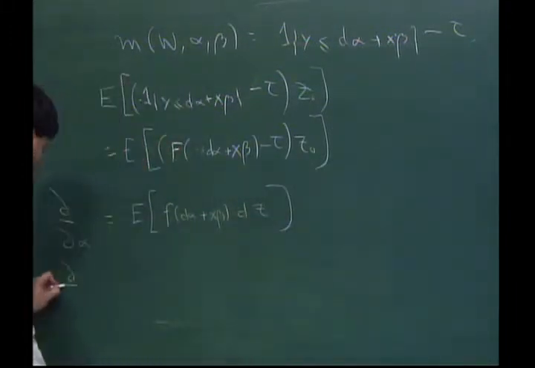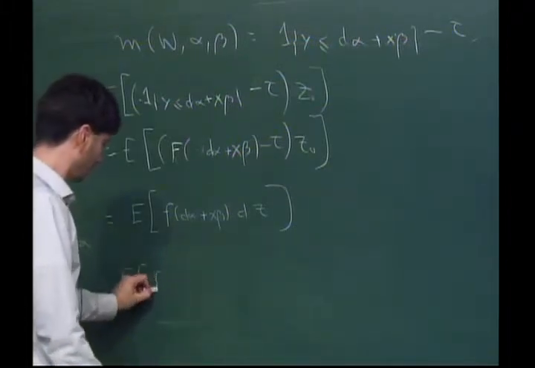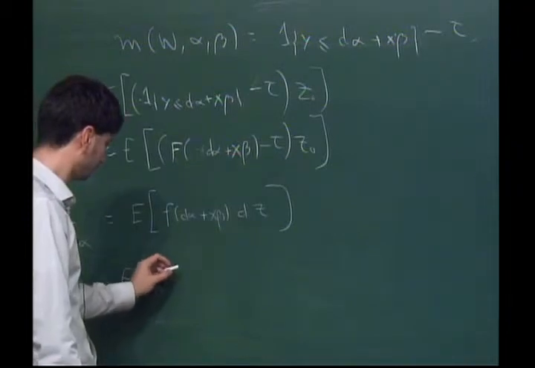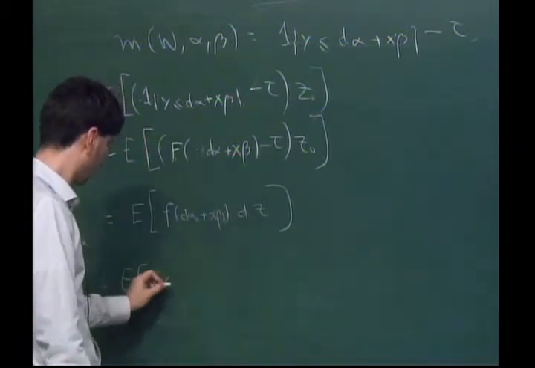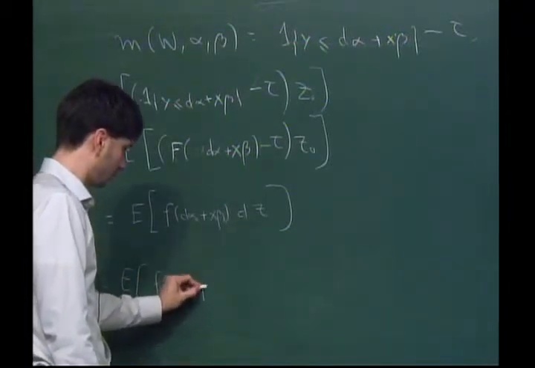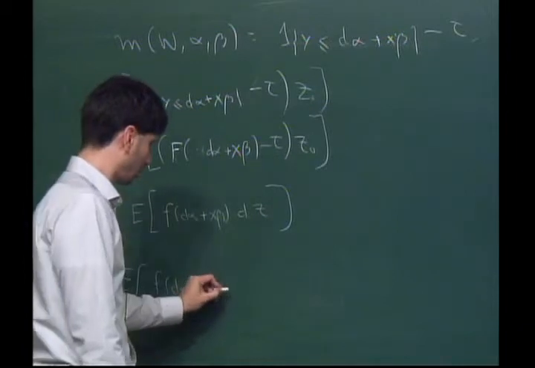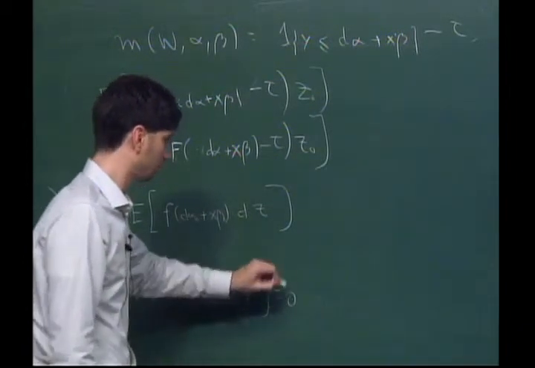And the derivative with respect to beta will be just the expectation of the density evaluated at d alpha 0 plus x beta 0, times x z, which equals 0. And the alpha derivative is different than 0.